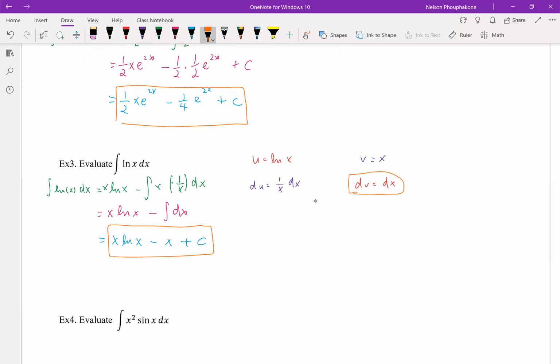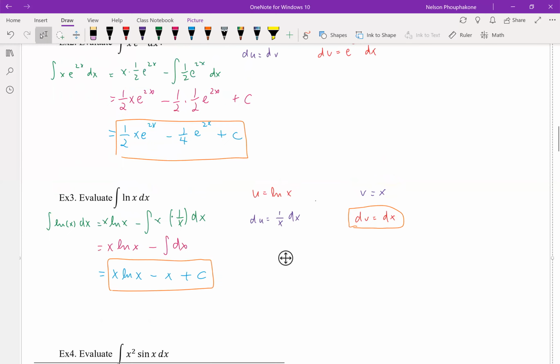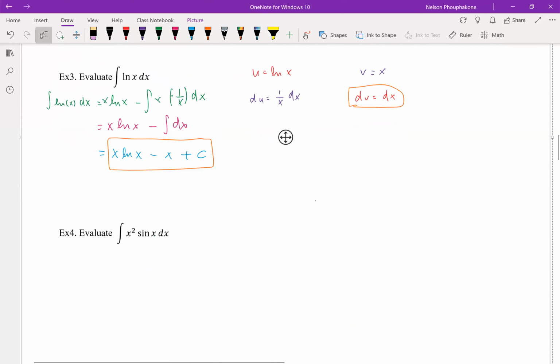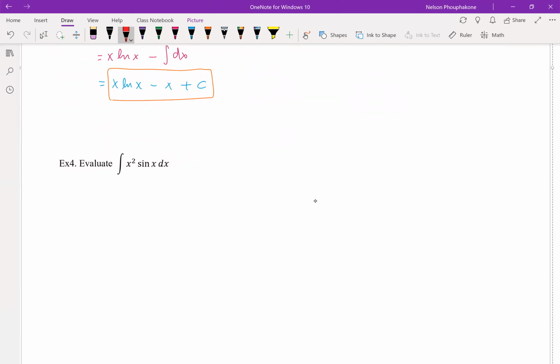Okay. So then the next one, if I have x squared times sine of x dx. For this one, again, you will see that x squared comes before trig, before sine. So what I need to do here is let u equal x squared, and then dv is sine of x dx. Okay, so then, maybe let us finish this.